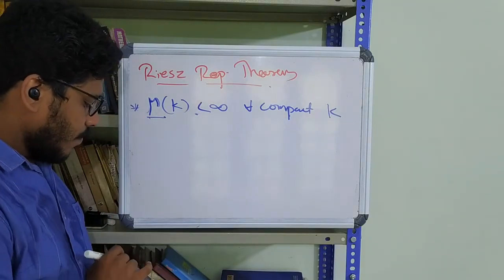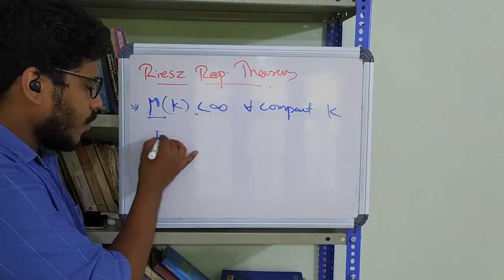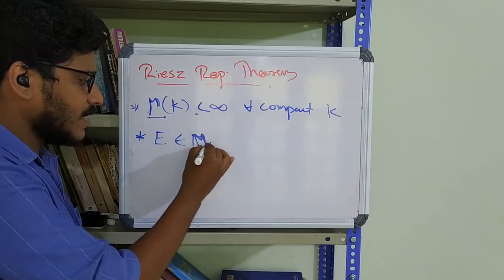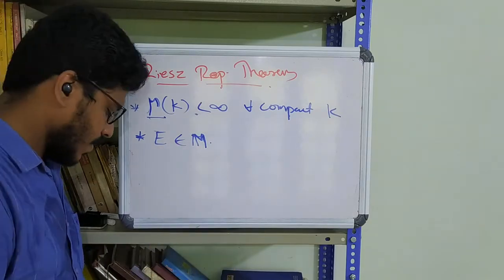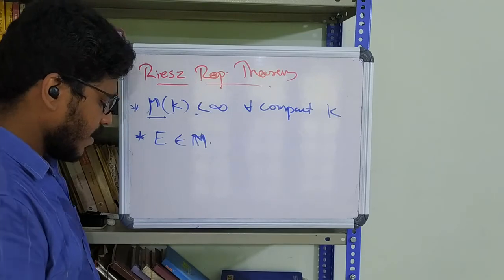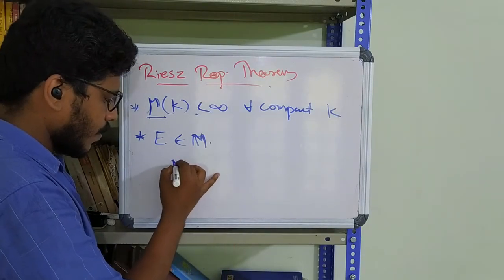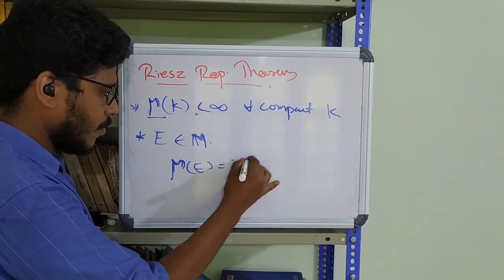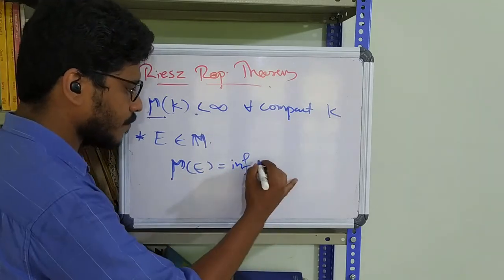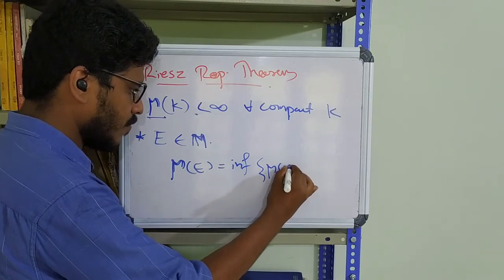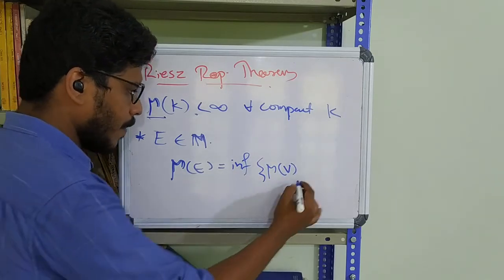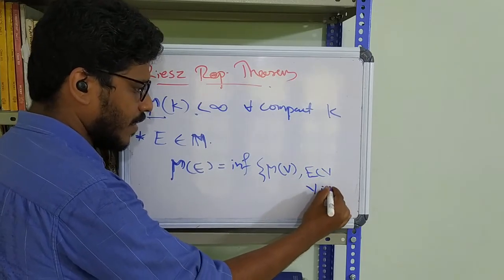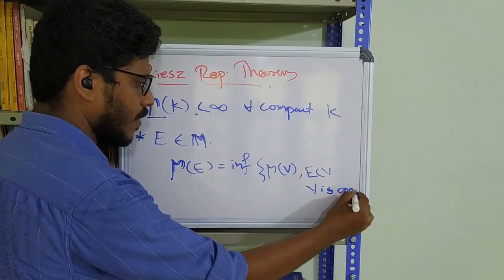Moreover, for any measurable set E, that is, any set in the sigma algebra, we have the measure of E to be the infimum of the measure of V, such that E is contained in V and V is open.